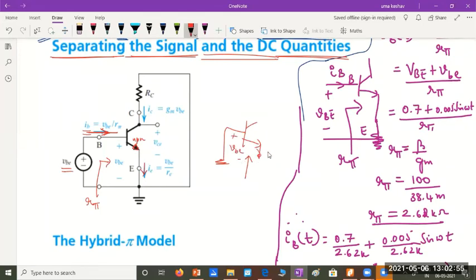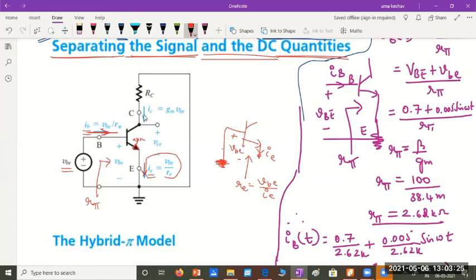So the emitter current is coming like this. That resistance is called RE, which is VBE by IE, or IE can be written as VBE by RE. We have written IE, the emitter current, as base emitter junction voltage divided by the emitter resistance RE. It is the resistance seen between emitter and base when the base terminal is grounded.